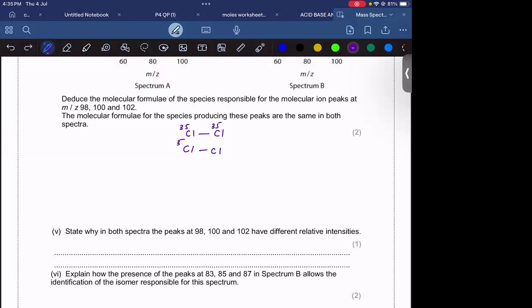This is another possibility. Maybe one atom is 35 and another atom is 37, and maybe this is 35 and this is 37. Each and everything is positively charged because in the mass spectrometer we analyze only cations, not anions, not neutral molecules. So these are the 5 possibilities.